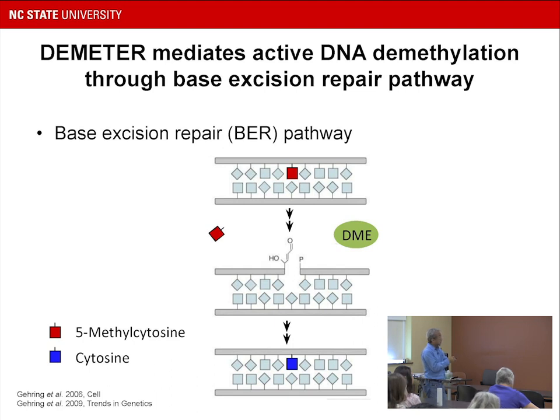And in this case, DEMETER recognizes a methylated cytosine and chops off the base, and then other subsequent genes from the base excision repair pathway come in to fill in the gap with unmethylated cytosine. So that's the mechanism of active demethylation in plants. That's a little bit different from the animal system.